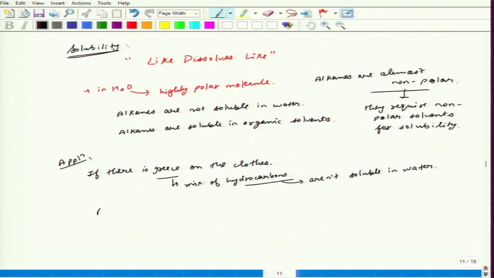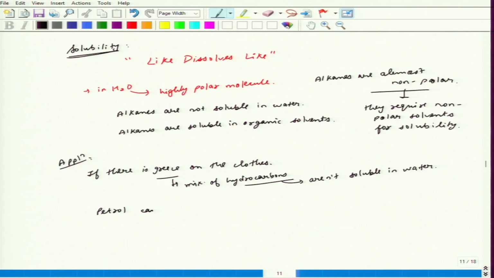So what we can do is use petrol. Petrol, normally used in automobiles as a fuel, can also be used to remove grease stains from clothes, because petrol is also a mixture of hydrocarbons.